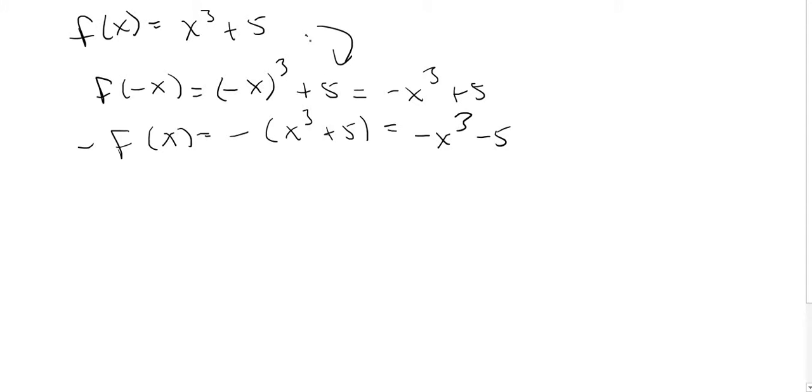These two don't match, so it's not even. F of x does not equal f of negative x. That's what we said had to happen algebraically in order for it to be an even function. But then f of negative x doesn't equal negative f of x either. That's what we said had to happen in order for this to be an odd function. So it's not even or odd.